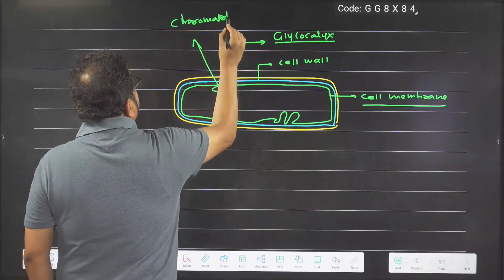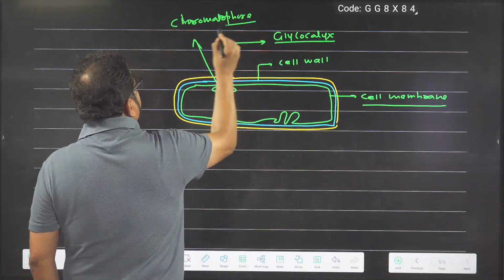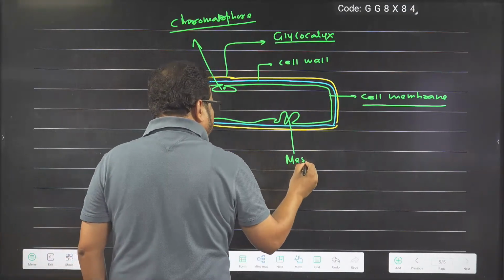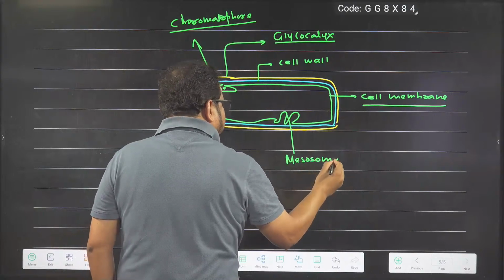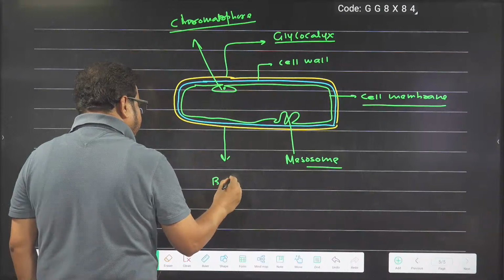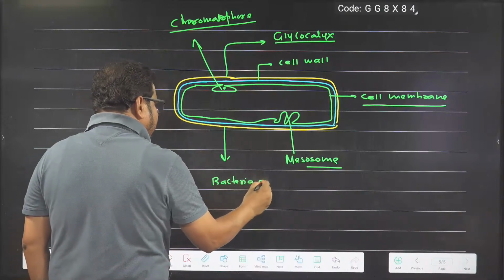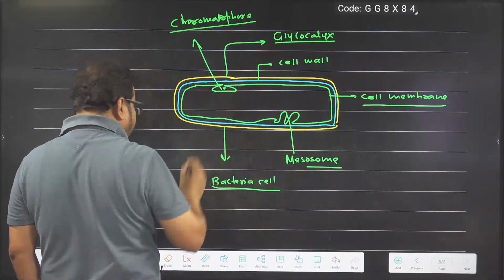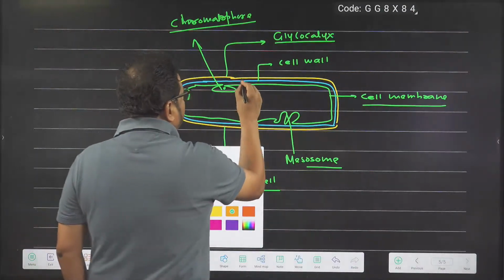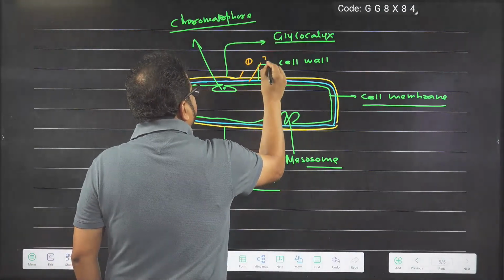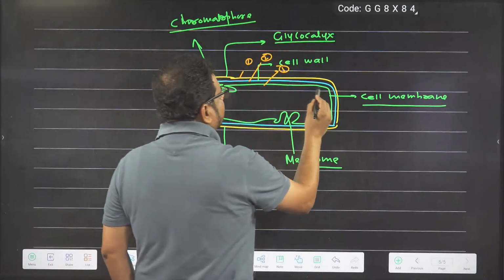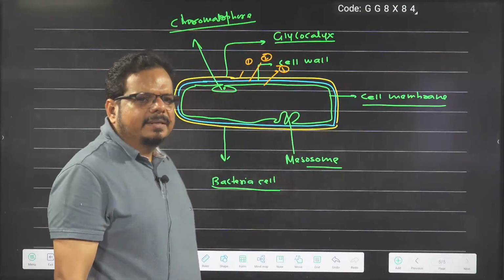I asked this in the paper: chromatophore, and here it is what? Another enfolding, mesosome. So this is the prokaryotic cell wall, bacterial cell wall. In the bacterial cell, how many coverings are there? Three coverings, three boundaries: boundary number 1, boundary number 2, boundary number 3. The second boundary is called the cell wall. Got the idea? Picture came in the mind?